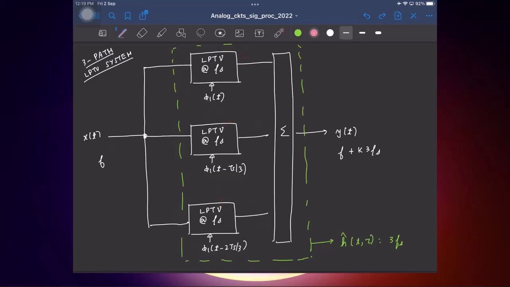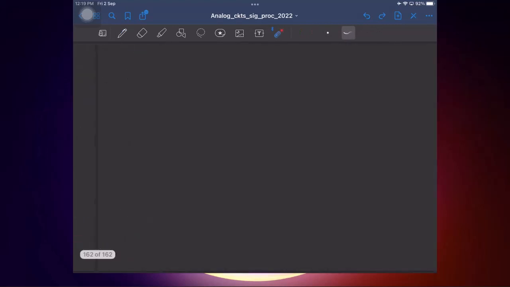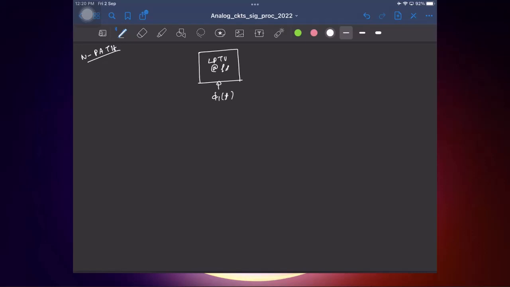Great. Now you don't have to stop with 3, you can extend it to N, and that's pretty straightforward. So let me draw that also. For the N-path, we'll take the first system. Let us say this is clocked at phi 1 of t.